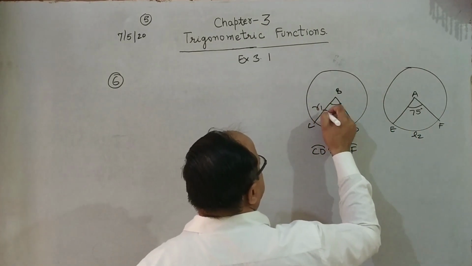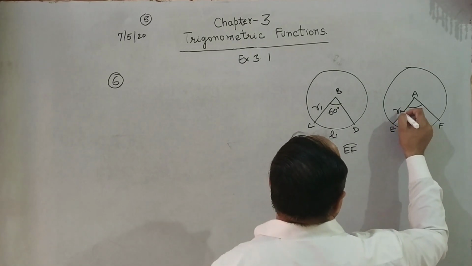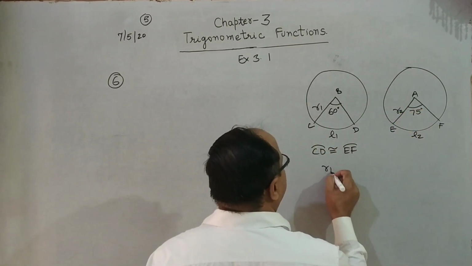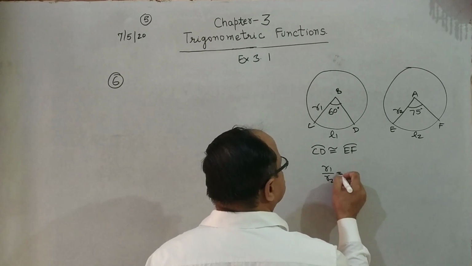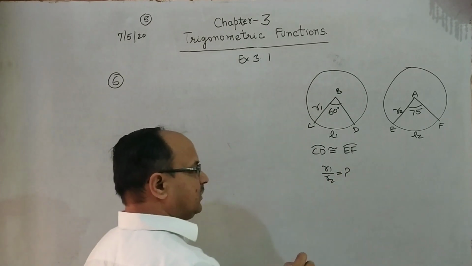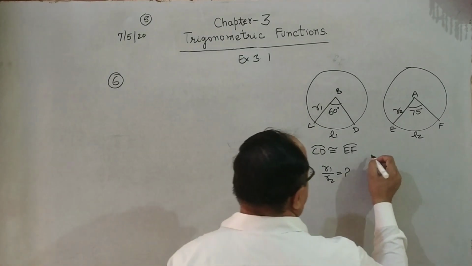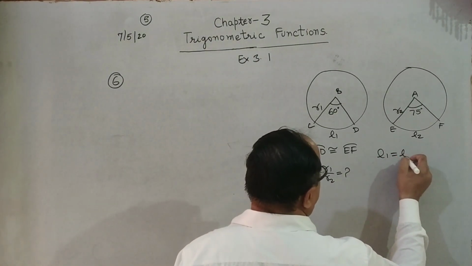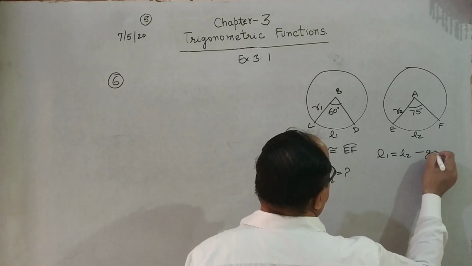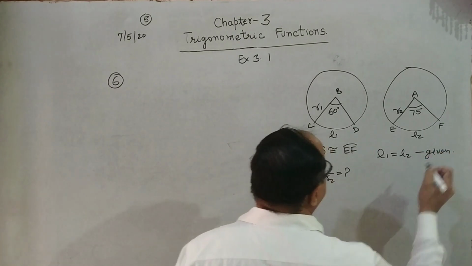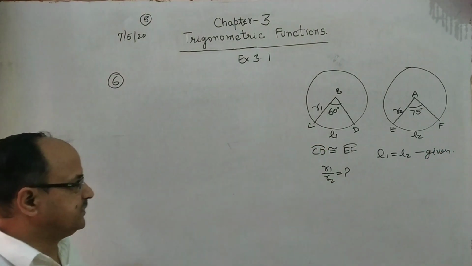This is R1 and this is R2. And we want to find R1 by R2, the ratio of their radii. In this question, L1 is equal to L2, and we want to find the ratio of the radii.